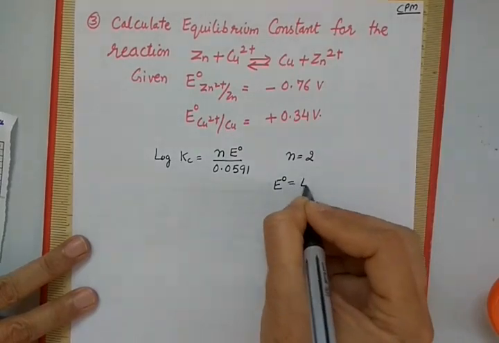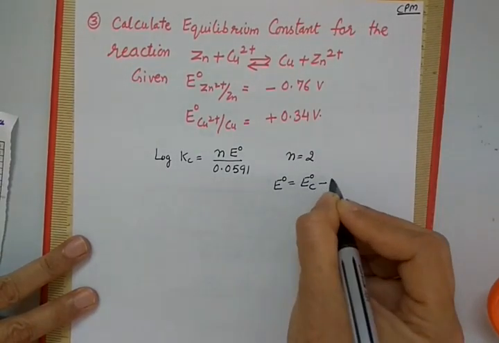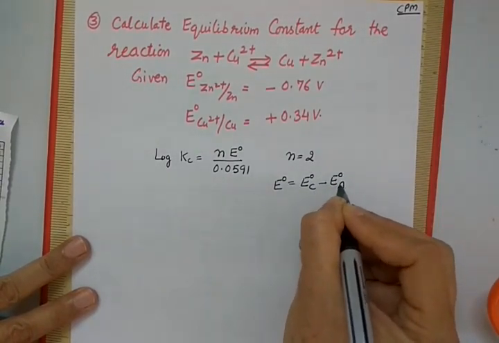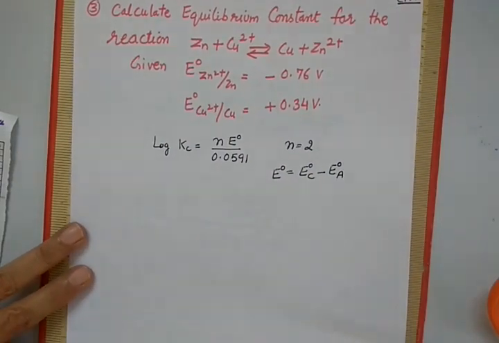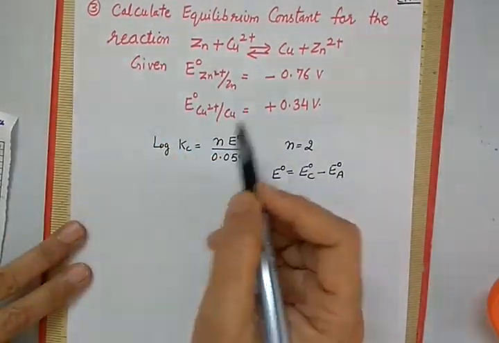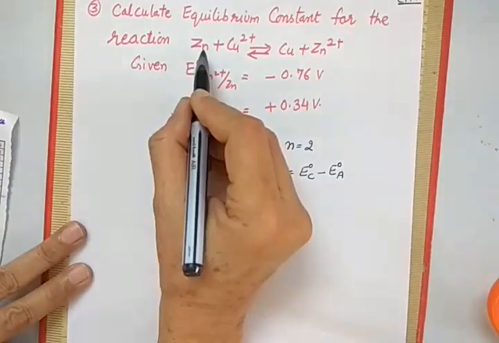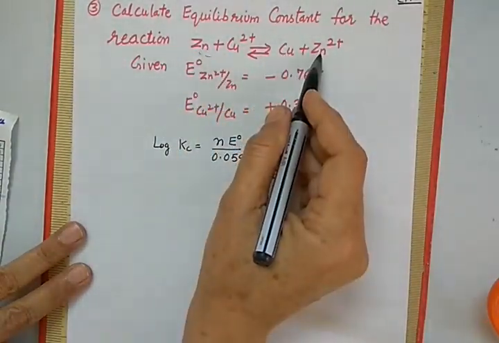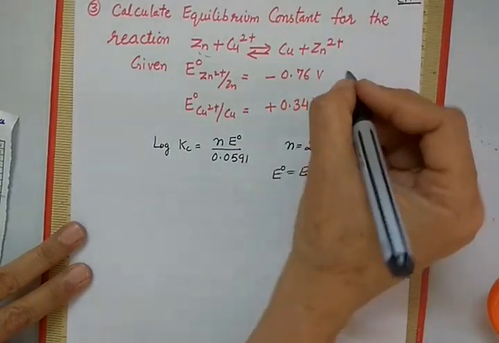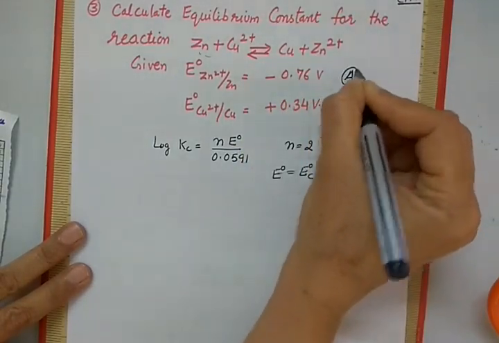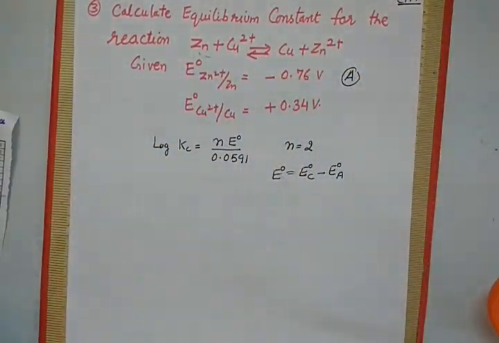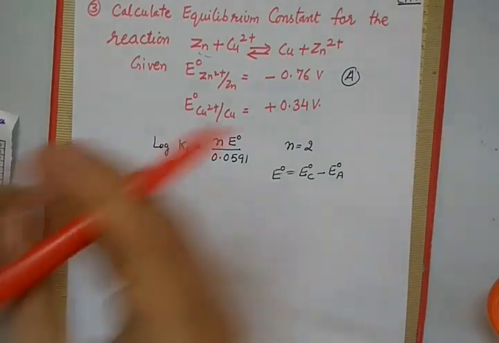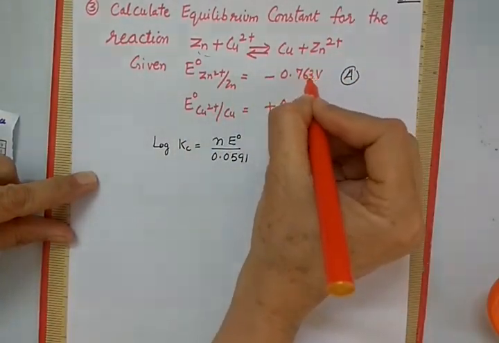E naught is equal to E naught cathode minus E naught anode. Clear? So which is cathode, which is anode? The one which is undergoing oxidation, which is Zn changing to Zn2 positive, oxidation is happening, that is called anode. And the one which is undergoing reduction, that is called cathode.